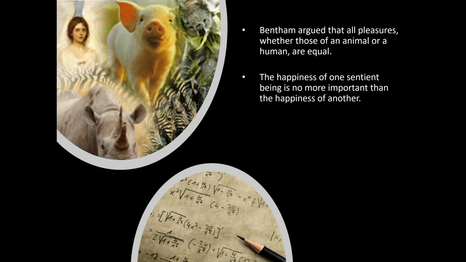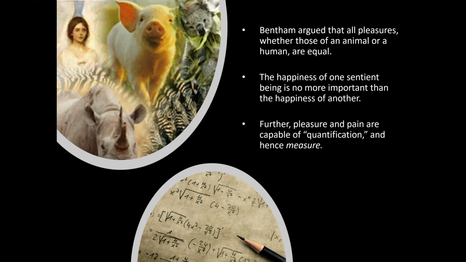And a sentient being is just something that can experience pleasure and pain, and in a sense be at least minimally conscious of it, right? So also, pleasure and pain are capable of quantification and hence measure, just like math. He really wanted to create like a calculus of felicity, as we'll see in a moment.